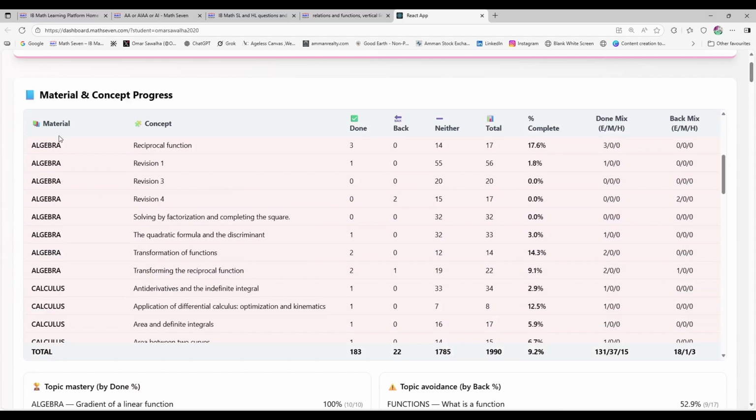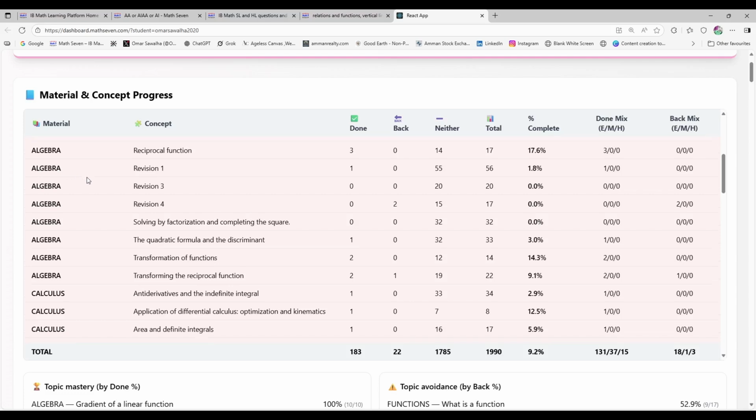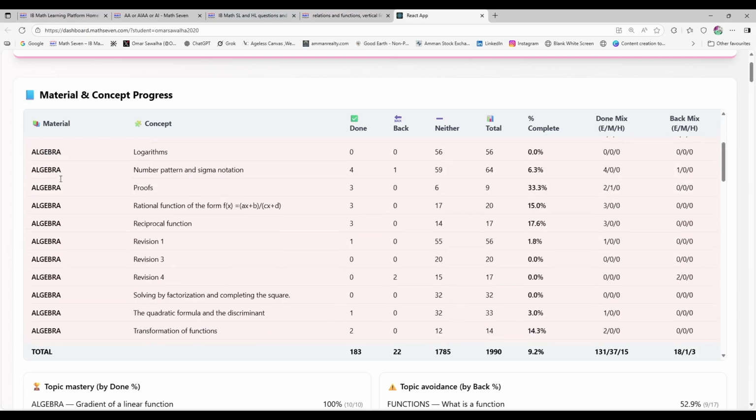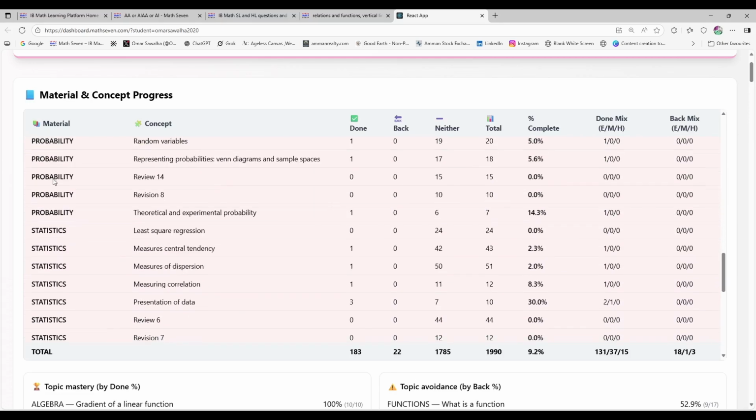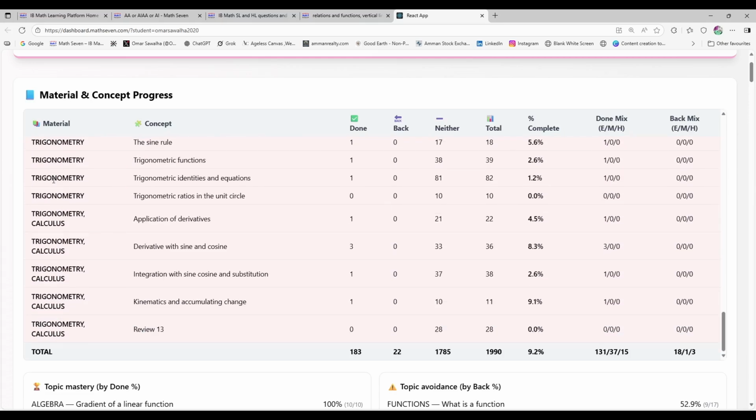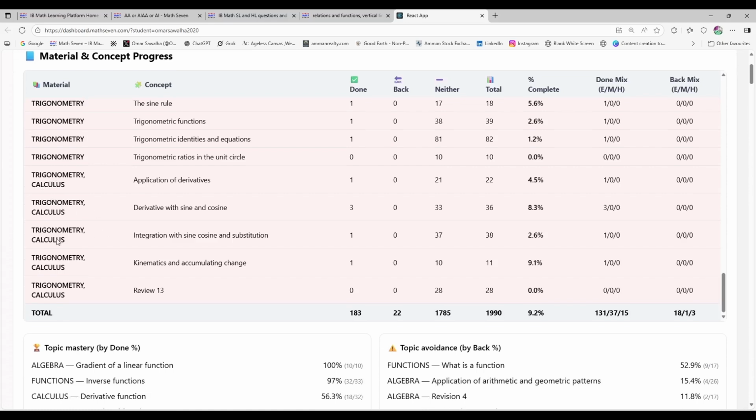So if you take a look, that's every concept in Math 7 or in the IB that the student is responsible to memorize. That's every concept in algebra, calculus, functions, probability, statistics, trigonometry, and all of them.